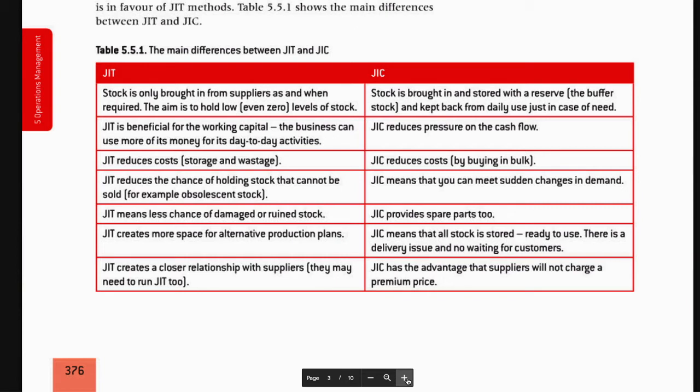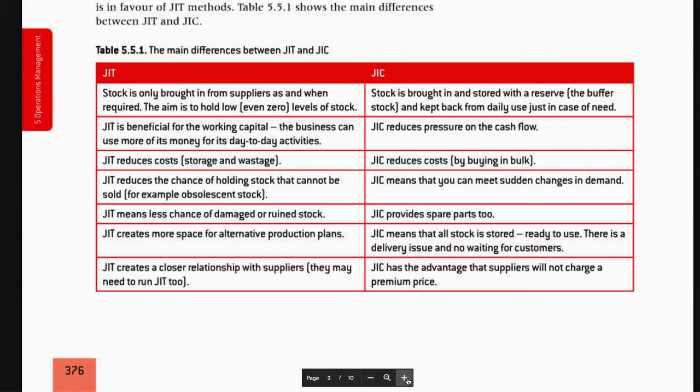Who knows? It could be used for production as opposed to storage, and creates a closer relationship with suppliers. So, we have to have open and good communication with our suppliers because we need to have a strong relationship to guarantee our deliveries.